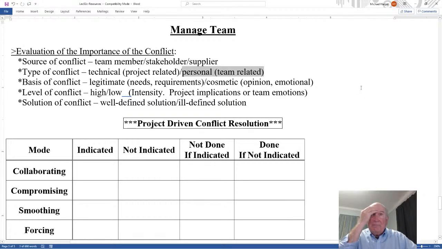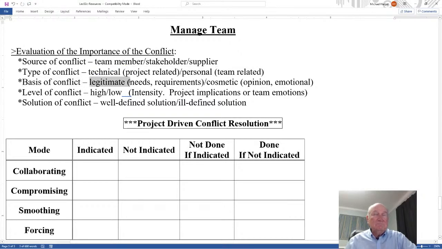It may be personal, team-related, but the expression may be technical. And when you look into it, it's not really technical. They're using technical because it's more of a team-related personal issue. So what type of conflict is it? Be careful in evaluating conflict to understand what type of conflict it is.